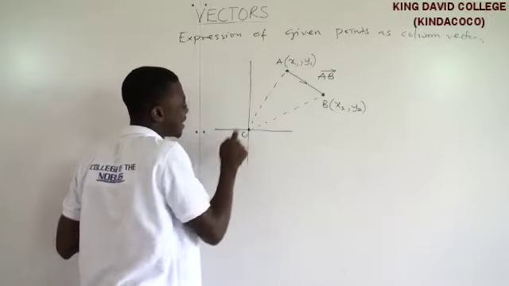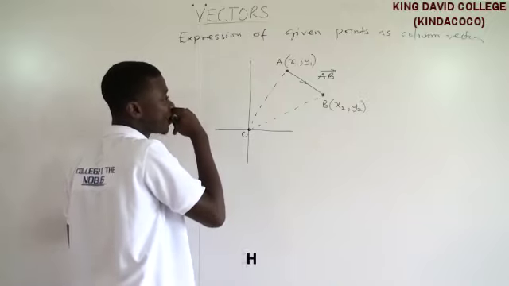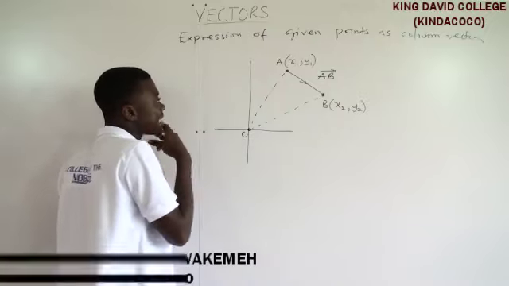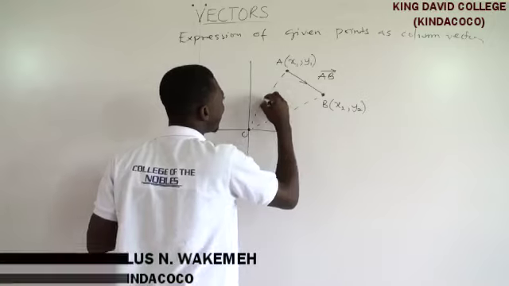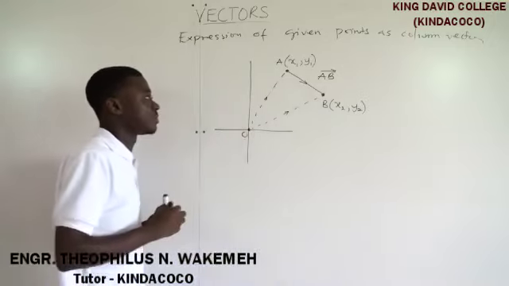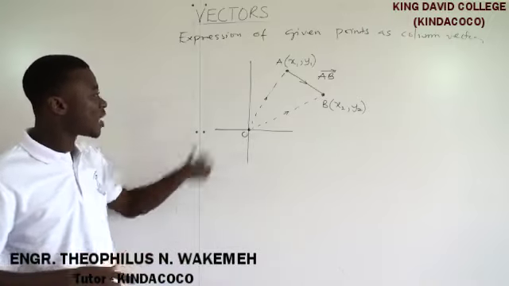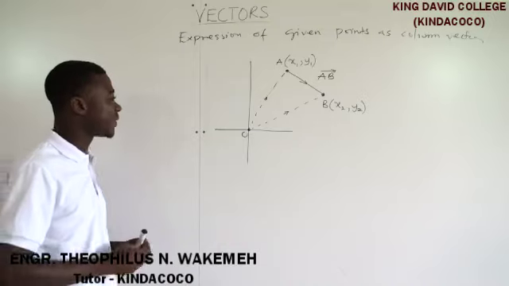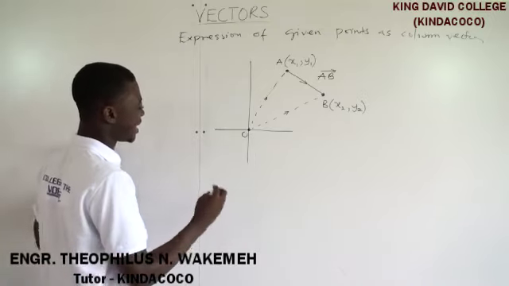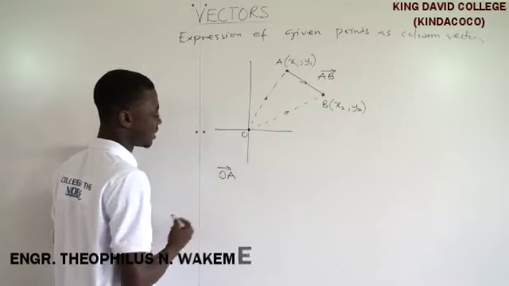That is why we are using the fact that this point here is having a link with the origin. So if that is the case, then this one can be a vector, and then this can also be a vector, with the origin. Then there is a vector from O to A, vector OA.